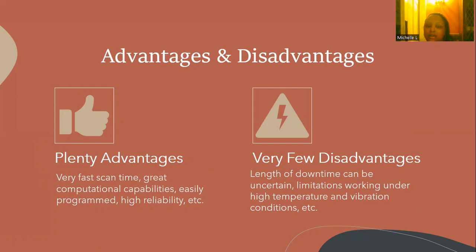And so any type of high temperature or high vibrational conditions that might be outside of the norm in that system have to be taken into consideration as well when trying to anticipate any downtime for a system.